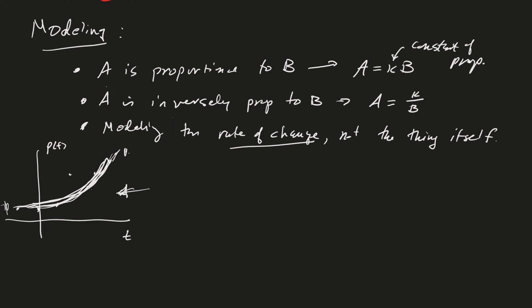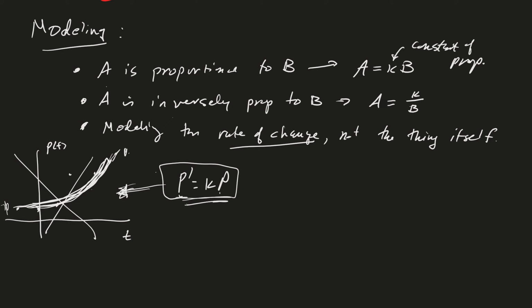So instead, for a population model, for example, we said P prime is equal to KP. Now, why is this a better model than that? For one thing, it tells you exactly what the assumption is on the model. This is telling us that the rate of change of the population is proportional to the population.